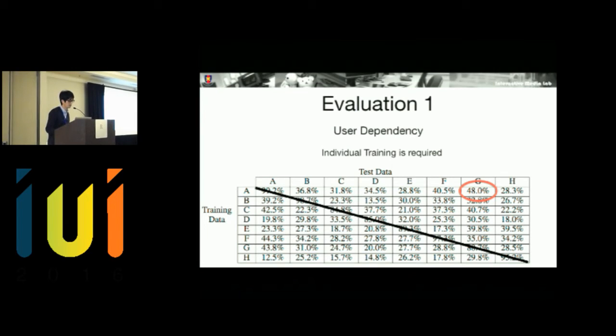Second, we evaluated the user dependency. We trained on each user's training set and tested with all other users. The scores are quite low, with accuracy at most 48.0%. This result suggests that with the current system, each user is required to do individual training.